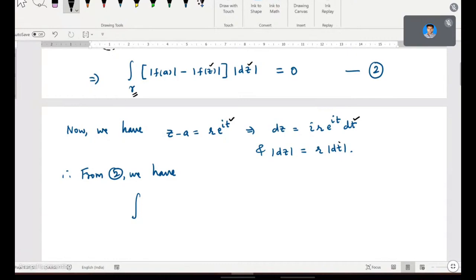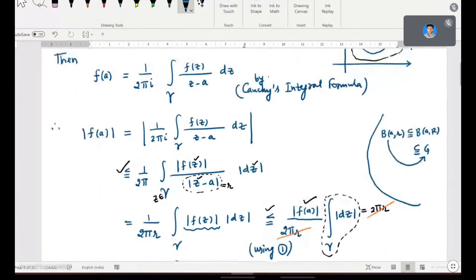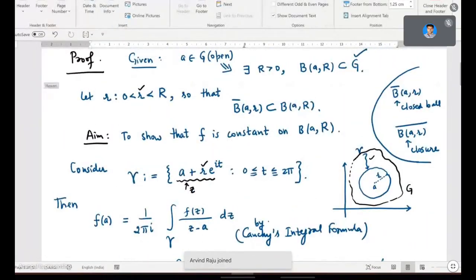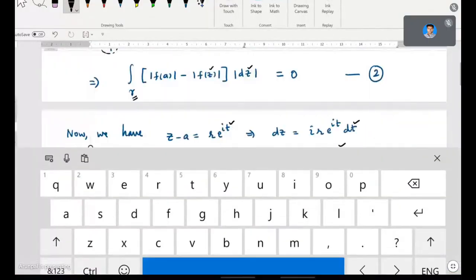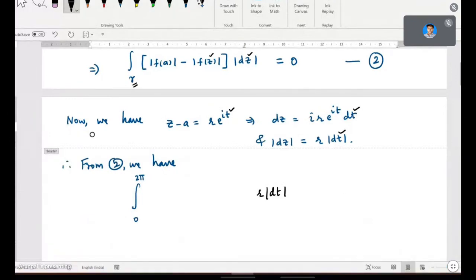So dz is r dt, and this real parameter t will vary from 0 to 2 pi, so that the circle may be formed. If you remember in the definition, this was the range for the parameter t, right, class? Is this okay, class?